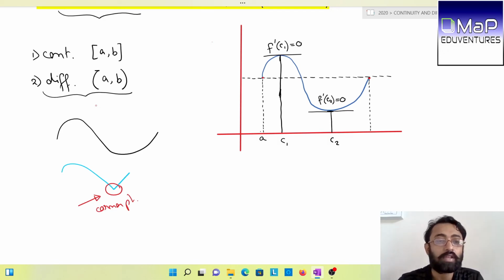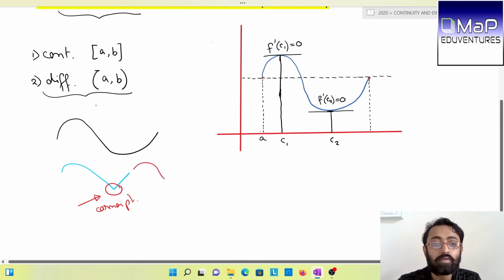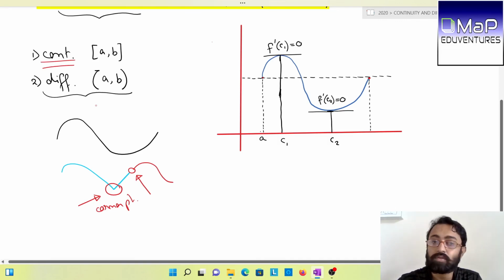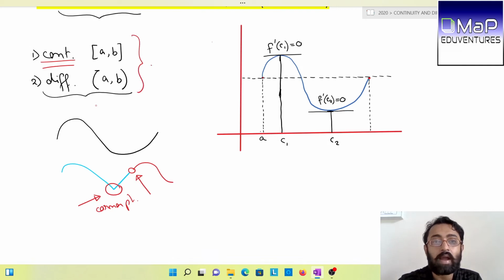Here we don't have any sharp points. And the curve should also be continuous. It cannot be discontinuous, because if it is discontinuous at a point, then it will not be differentiable. So there are no points of discontinuity. In this reference I have drawn this diagram, where the curve is continuous as well as has no sharp points.